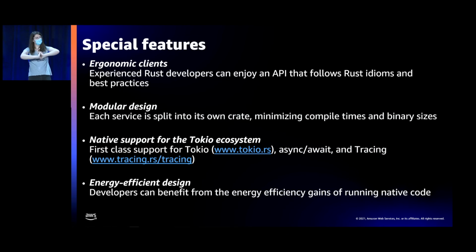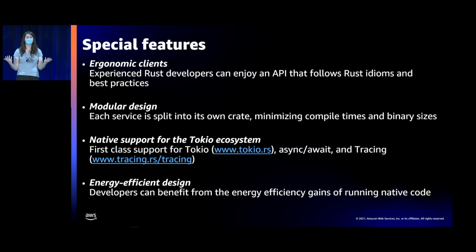So Rust has a couple of cool features. As I've been trying to emphasize, we made it as ergonomic as possible. So if you're used to Rust, you should already be used to this SDK. Everything is modular, as modular as we could make it. So you don't have to bring in S3 unless you want to talk to S3. You don't have to bring in EC2 unless you're talking to EC2. That minimizes compile times and binary sizes. We have native support for Tokio, as I mentioned earlier.